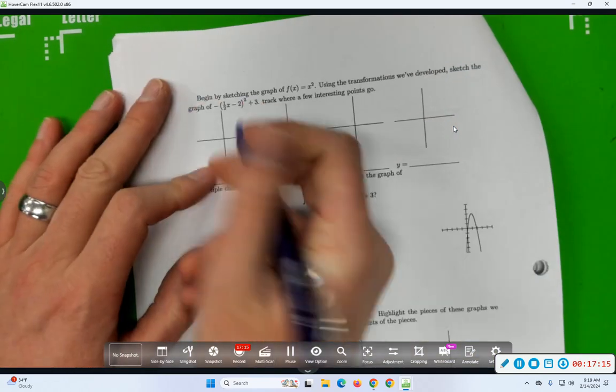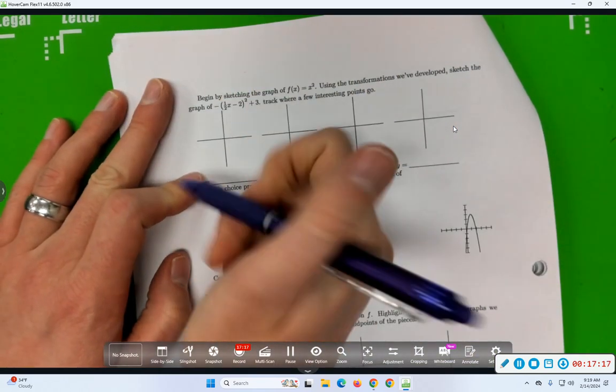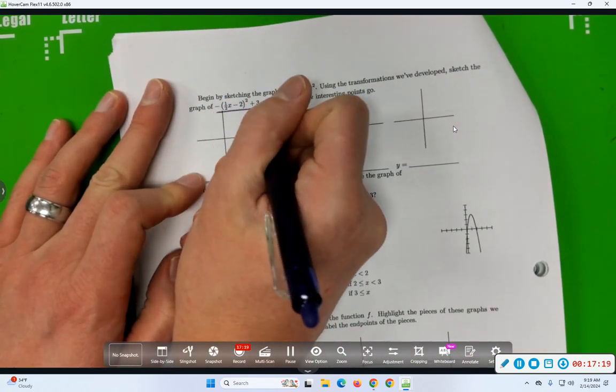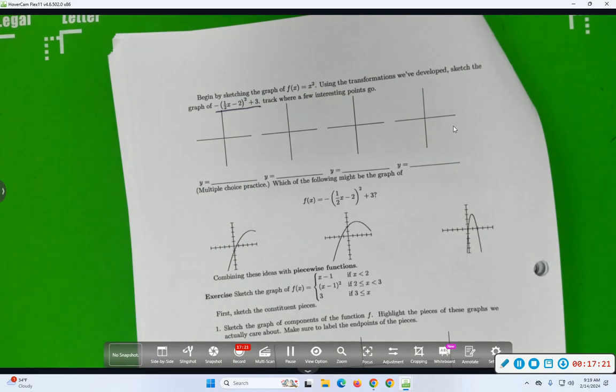Let's sketch the graph of negative 1/2 x minus 2, then you square it, then you add 3. And it says here to track where a few interesting points go, and we'll decide what points seem interesting as we go.